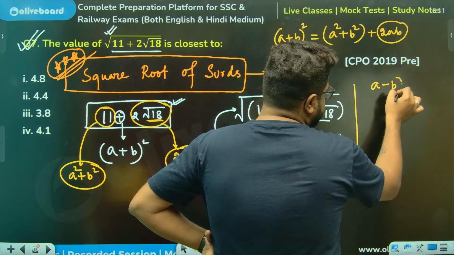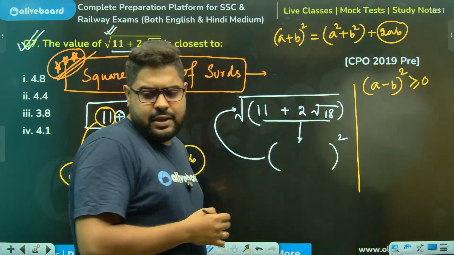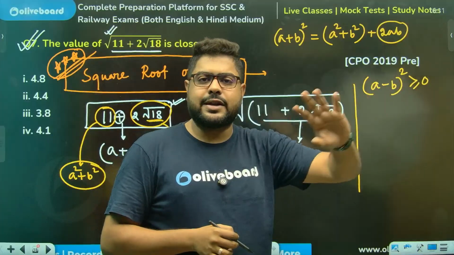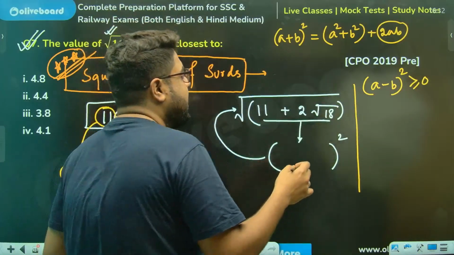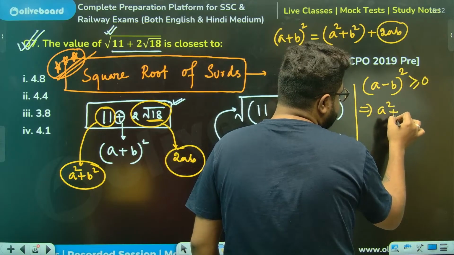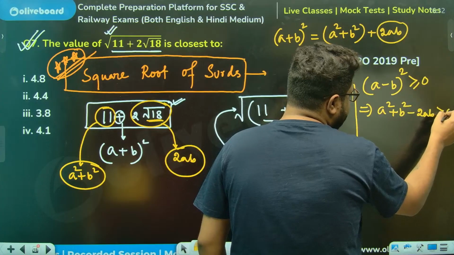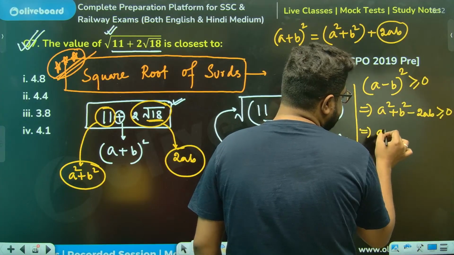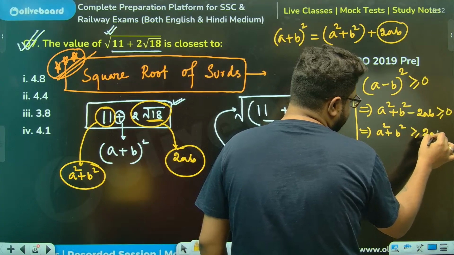Sir, can I say a minus b whole square is always greater than or equal to 0? Why? Because any square is always greater or equal to 0 without any hesitation. Next line, sir. A square plus b square minus 2ab is greater or equal to 0. Next line, sir. A square plus b square is greater than or equal to 2ab.